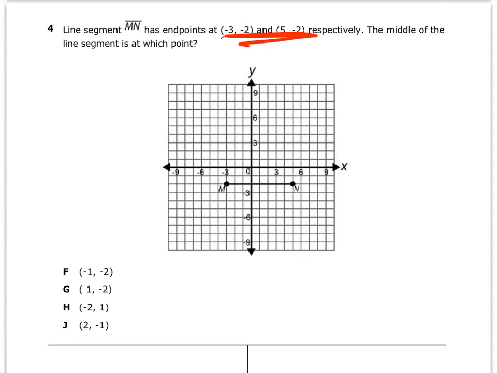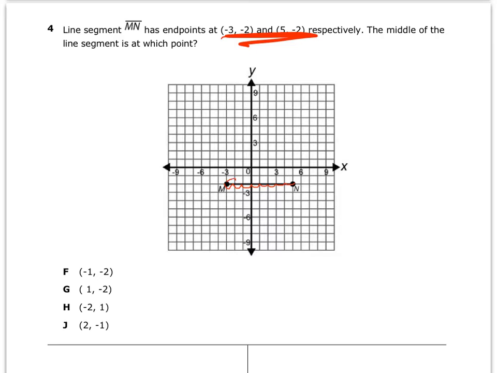How long is this line segment? If you count it across from M to N, let's count it again: 1, 2, 3, 4, 5, 6, 7, and 8. Going from left to right, we move 8 boxes. If I'm going halfway, how many boxes am I moving? 4.